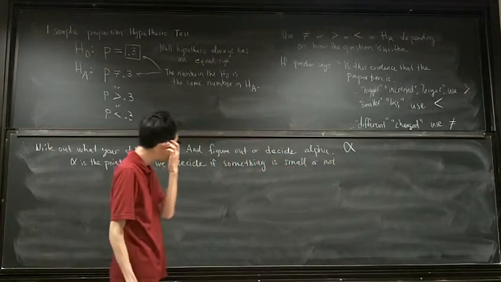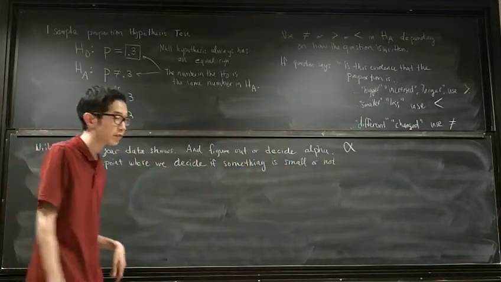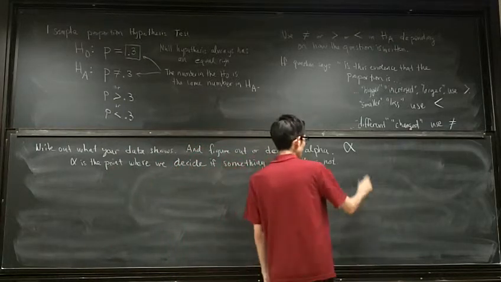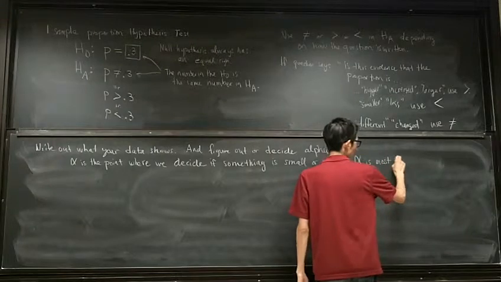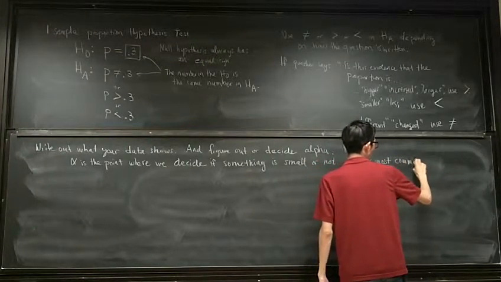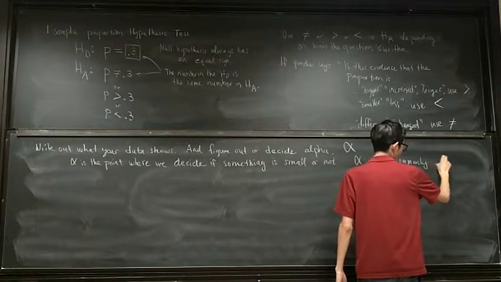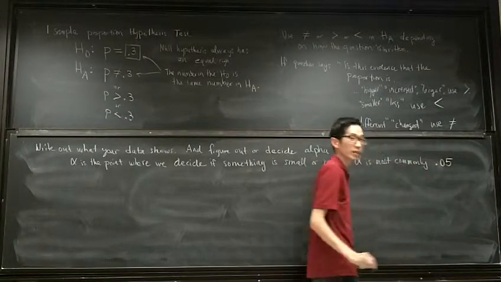The most common choice for alpha is 5%. So alpha is most commonly 0.05.